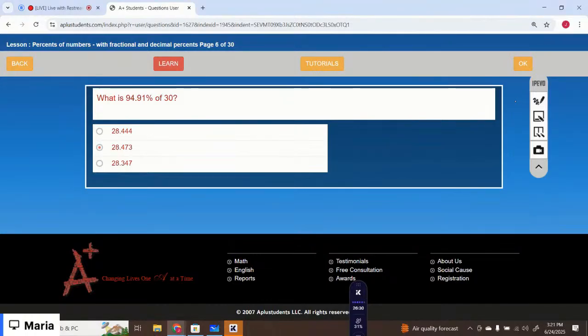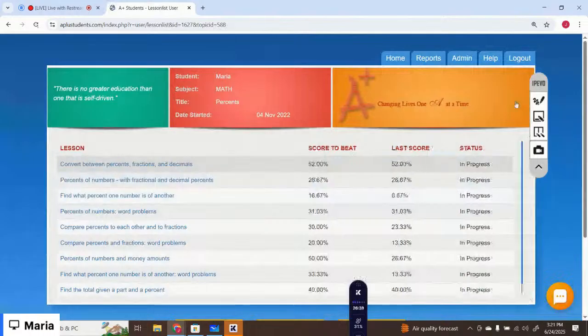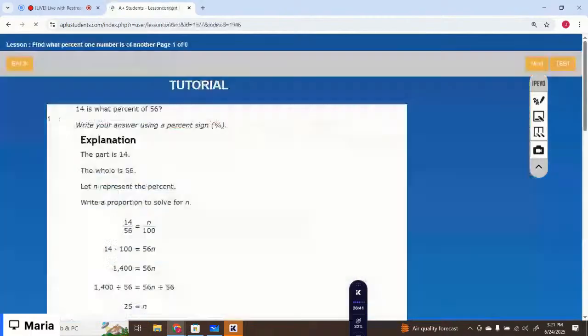Okay, you can complete the lesson by yourself. Next, find what percent one number is of another. 14 is what percent of 56?